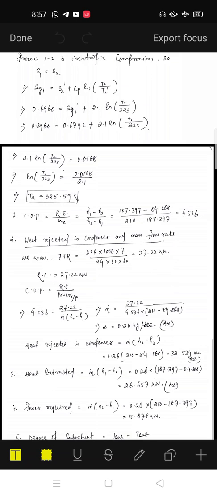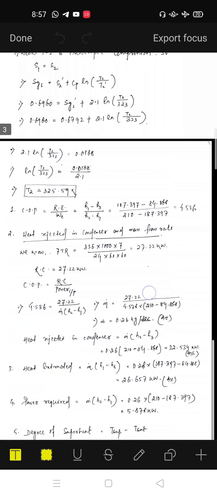Now you can easily find the heat rejected in the condenser: m dot into h2 minus h3, which is 32.534 kilowatt. This is the heat rejection rate in the condenser. If you do not multiply by the mass flow rate, you will find only the heat rejected per kg by the condenser, and the unit will be kilojoule.